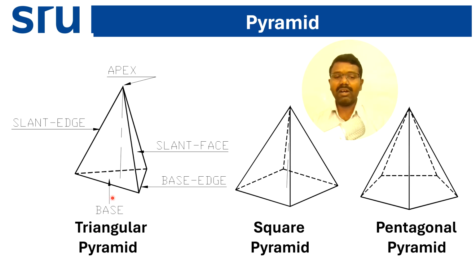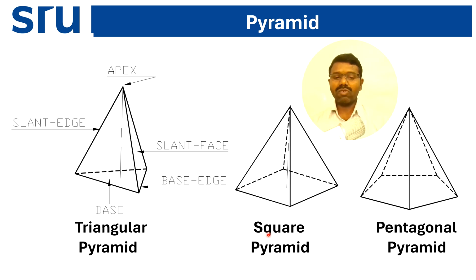The pyramid consists of 3 base edges and slant edges; this is called a slant edge. It consists of 3 slant edges, and this triangular face is called a slant face, and one apex. So the triangular pyramid consists of 3 slant faces, 3 slant edges, 3 base edges, 1 base and 1 apex.